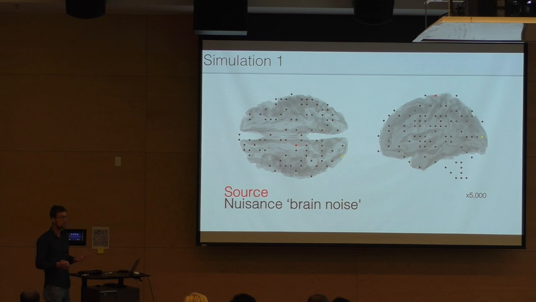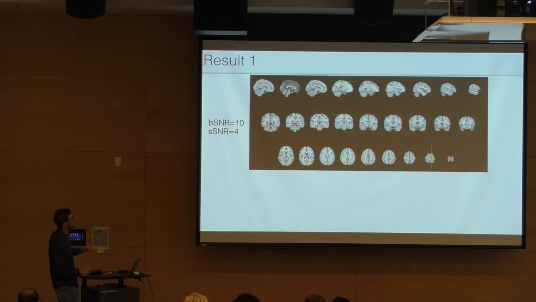To make this a bit harder and slightly more realistic, we added biological noise, shown in the black dots here, which varied over iterations, and also added sensor level noise, like Martina just said. Shown in green is the ground truth location, and in red and yellow is the power reconstructed.